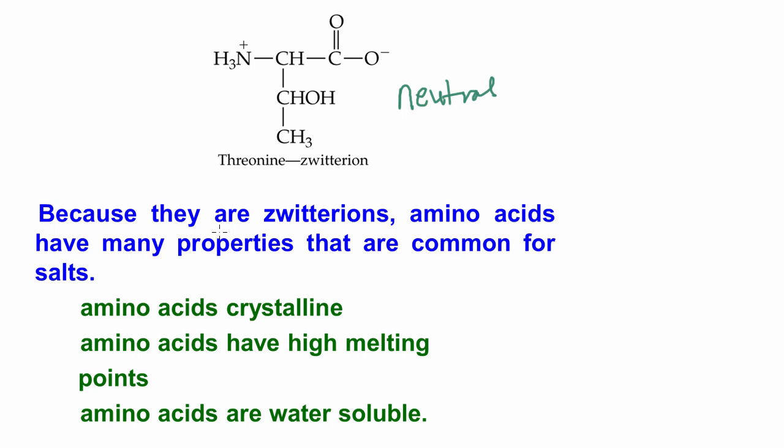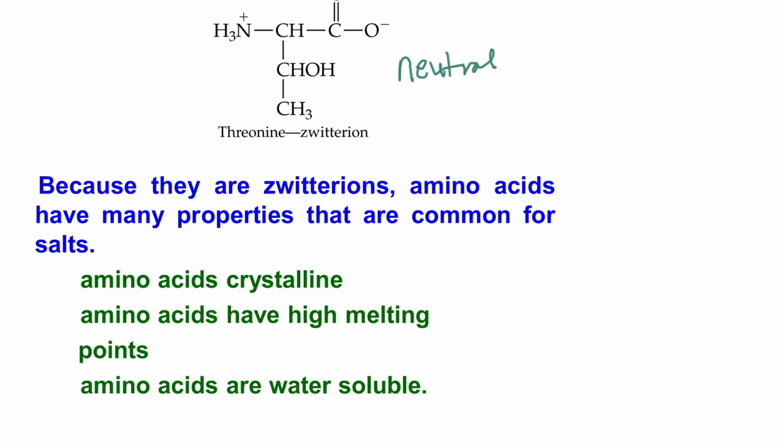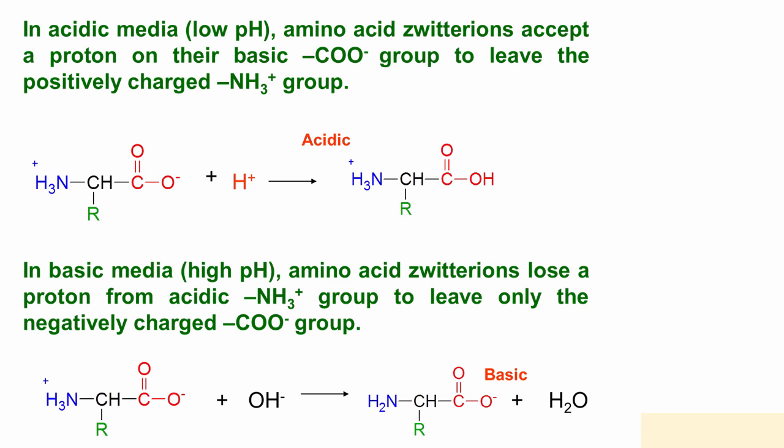Okay, so because they are zwitterions, amino acids have many properties that are common for salts. So amino acids are crystalline, they have high melting points, and they are soluble in water. In acidic media, meaning low pH, the zwitterions will accept a proton. So here's a zwitterion.